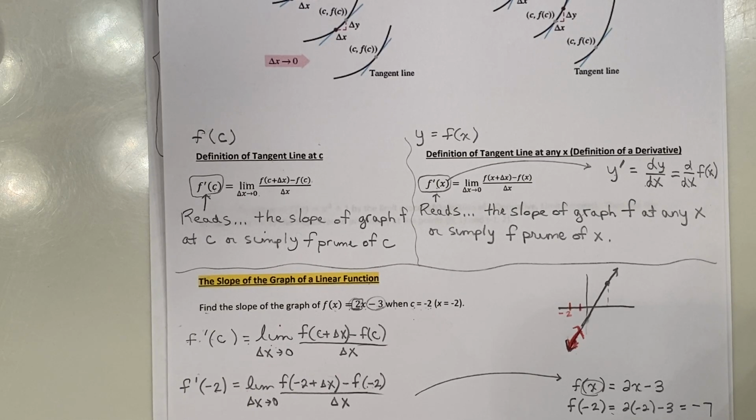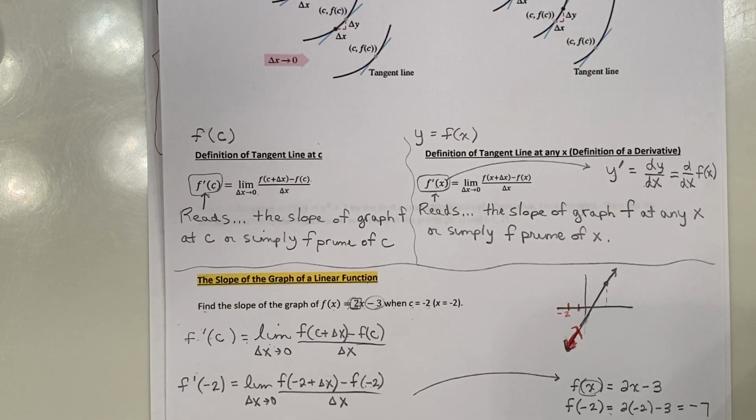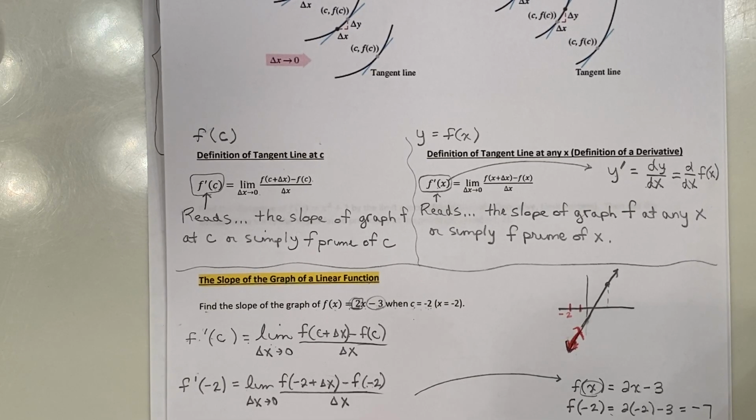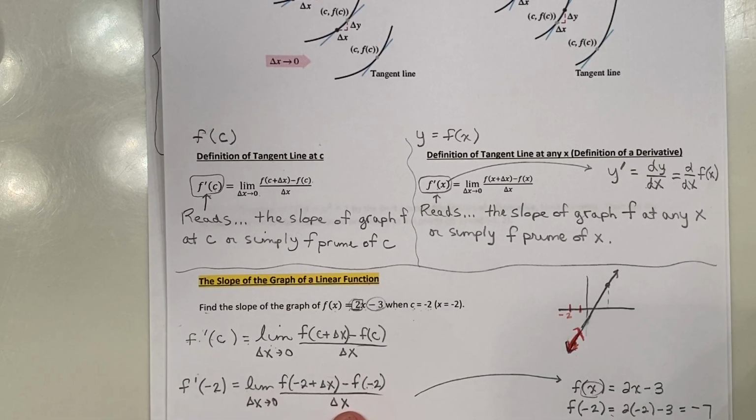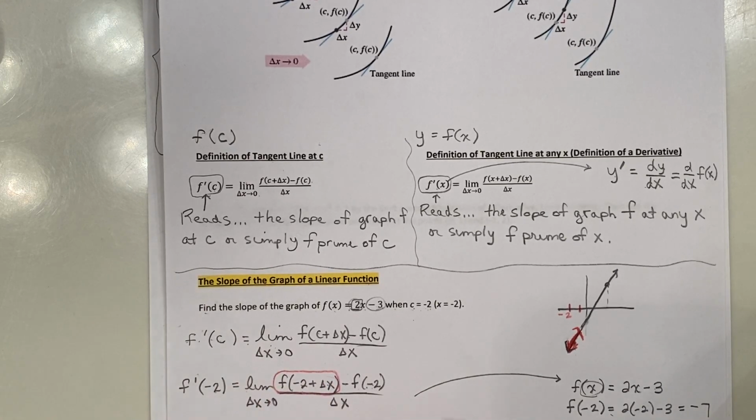So now we can come back over here in the formula and insert things. So every time f prime of -2 equals, the limit's not gone away because I haven't plugged in the value of 0 for delta x yet. On the top, right here, I'm going to replace this notation with what it's equal to, and it's actually equal to this function. It's going to go up front. 2 times -2 plus delta x minus 3.